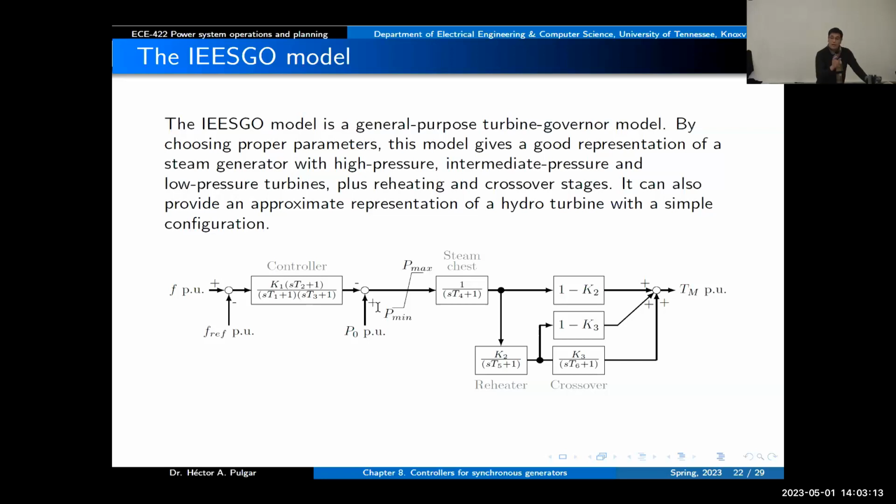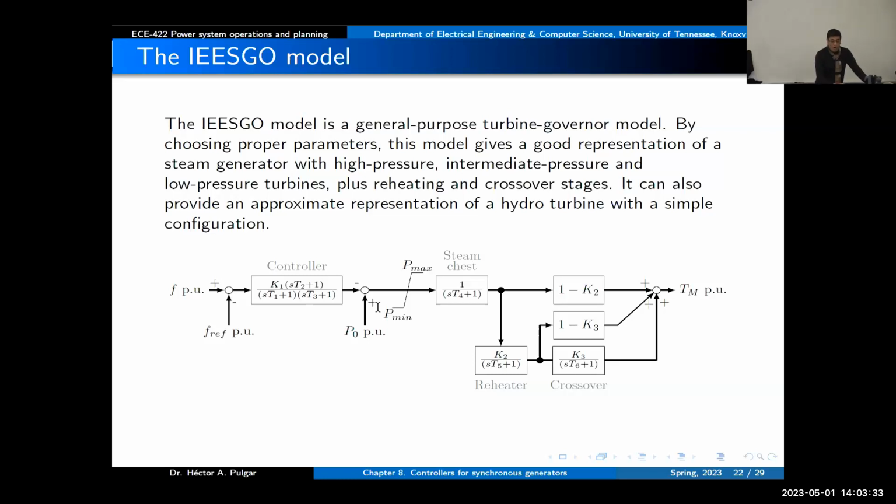But in a few slides, I'm going to make the connection of this with what we had been talking during the whole semester, which is the time domain representation. We haven't used these diagrams yet. Everything we have talked about is in time, and we talk about differential equations and algebraic equations.